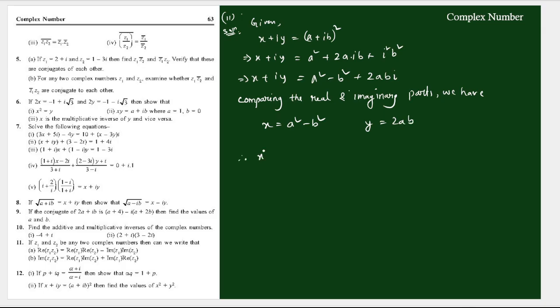So therefore x square plus y square equals a square minus b square plus 2ab, and this is nothing but a minus b whole square, right? Oh wait, no, x square, so it will be the whole square. My mistake. So now what will happen? Plus 2ab.